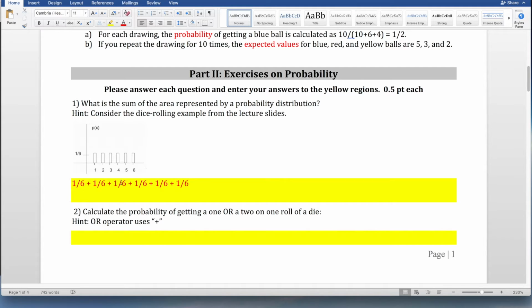So 1, 2, 3, 4, 5, 6. And then we'll see that this equals 6 over 6, which equals 1. So the sum of the area represented by the probability distribution is 1 because we have 6 different bars, each equaling 1/6 on their own. So combined, that would be 6/6, which equals 1.